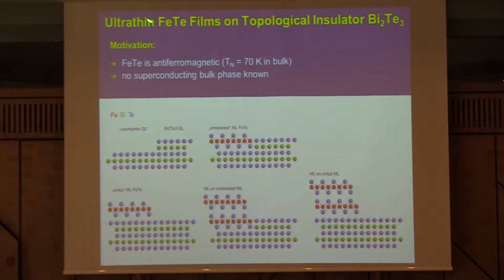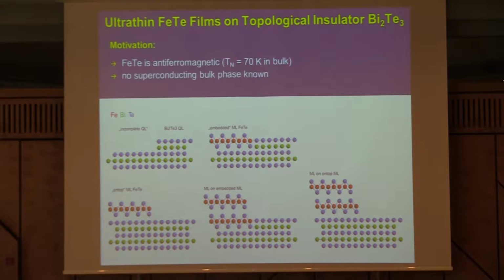Also, there's another compound, iron selenide, which is also known to be a superconductor. However, iron telluride, in the bulk at least, is just an antiferromagnet with a bulk Néel temperature around 70 K, and there's no superconducting phase known for the bulk material.